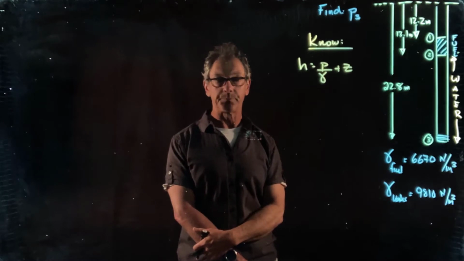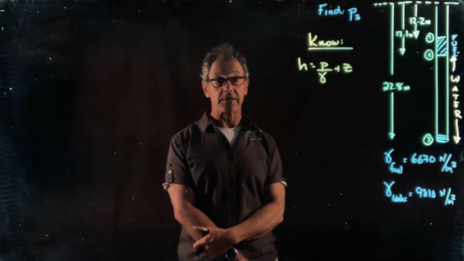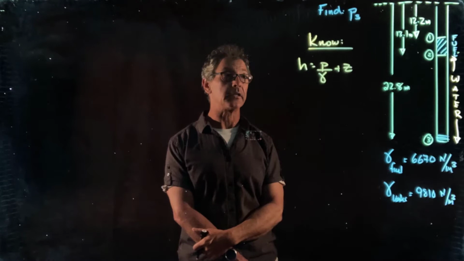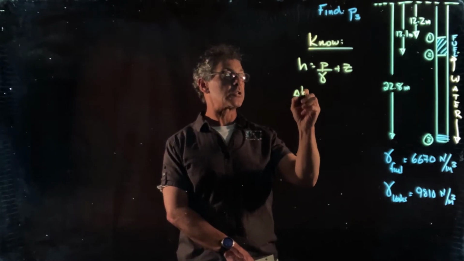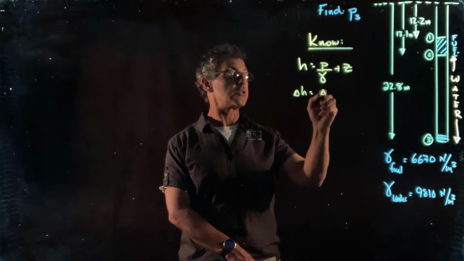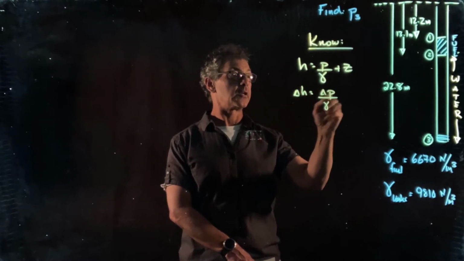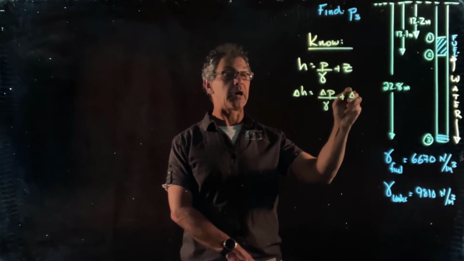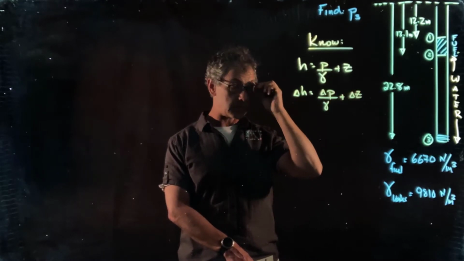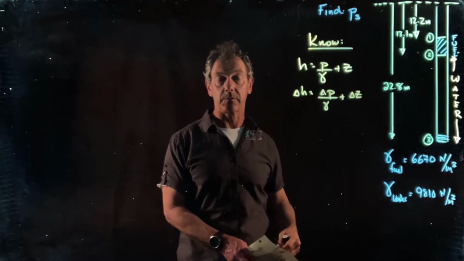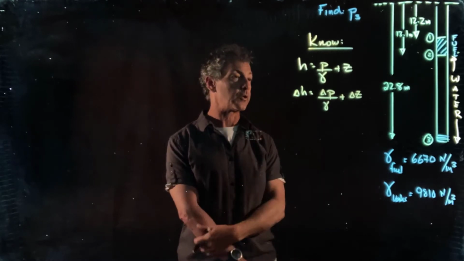That's always true when we don't have any velocity. Okay, so this is the static head. And so we know that then the change in head is equal to the change in pressure divided by the specific weight of the fluid times the change in the elevation or depth, depending on what your reference frame is.